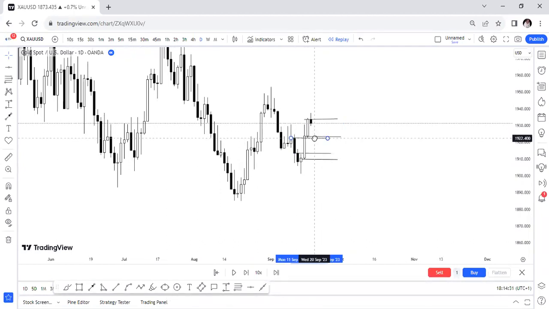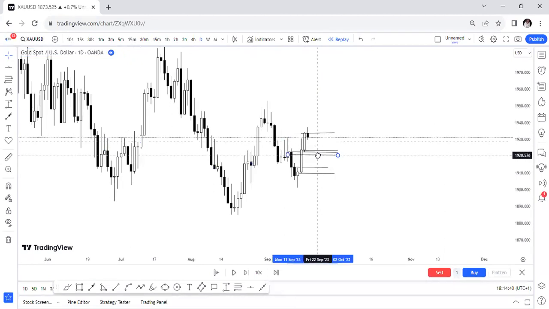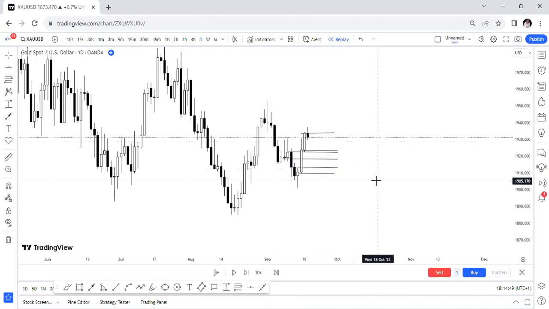You have this as a level. That's a level. You have this as a level. This is a level, a gap. It became fresh here. So you map these places out.